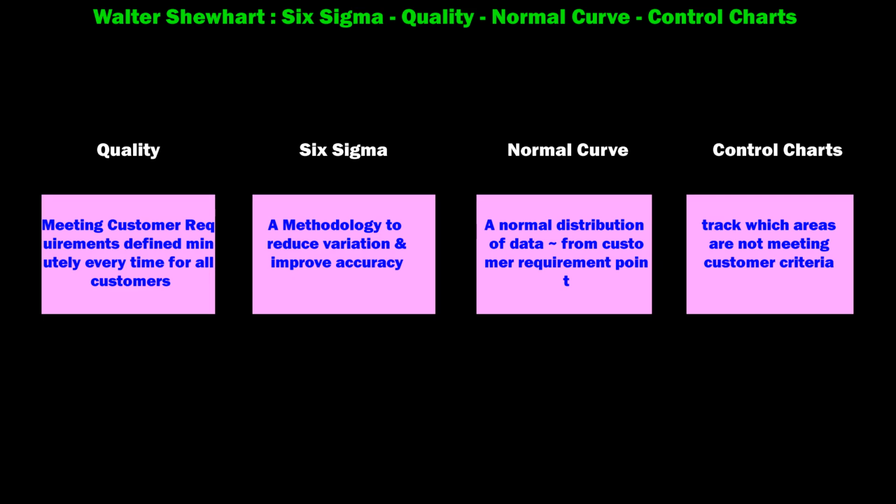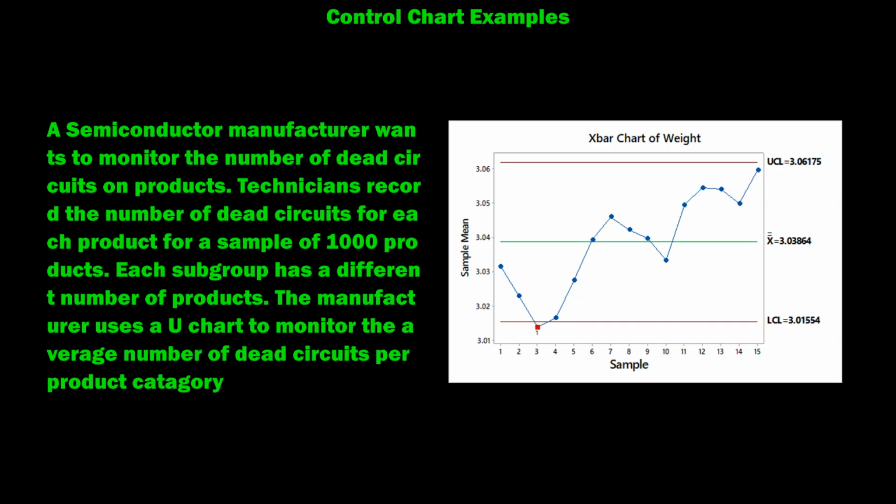Let's understand with a very simple example, and that would be for this session. So this is a very simple example of a control chart where we have the data points from a semiconductor manufacturer with dead circuits for each product, let's say in a sample.